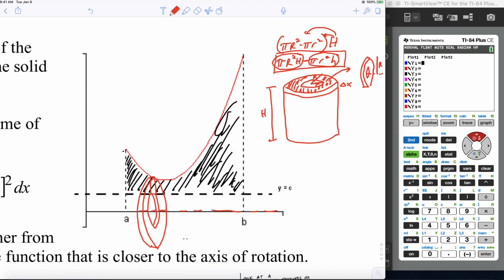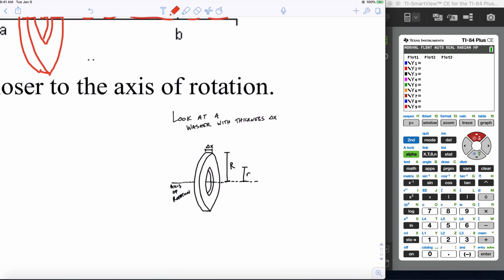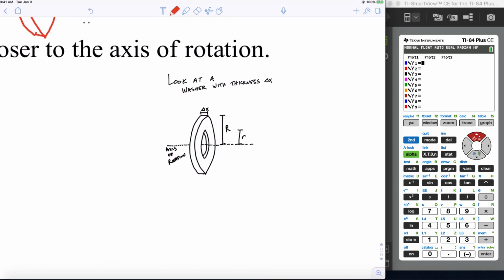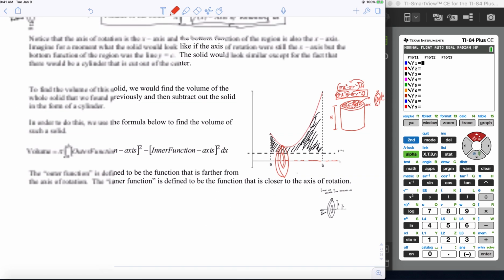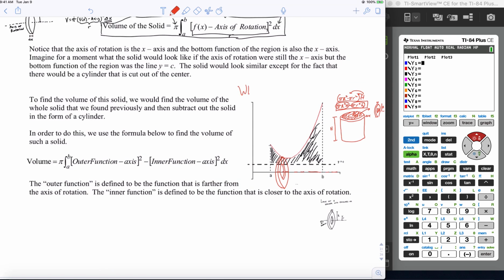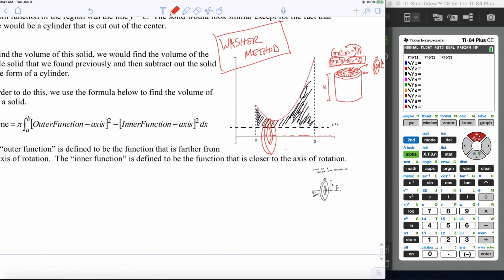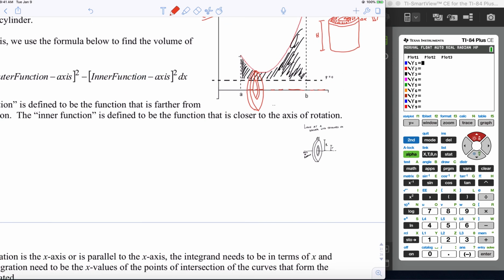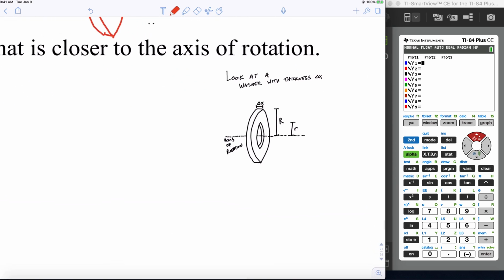And then our little radius will be this height here, and then our width will be here. So I took the time to draw a little bit more of an exploded picture down here. And this is going to be called the washer method. It looks like a washer if you've done any kind of nuts and bolts and washers. That's why they're calling it a washer.